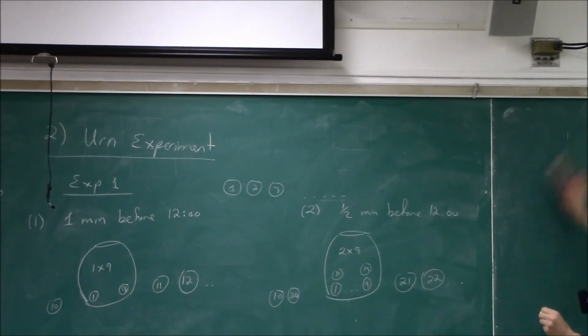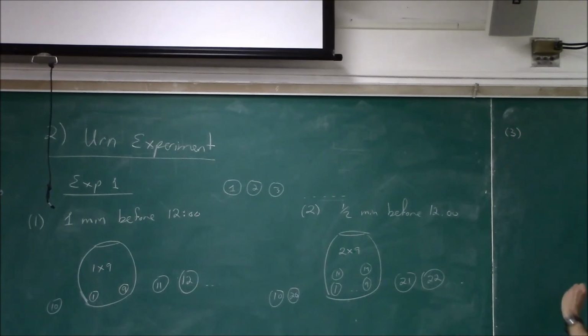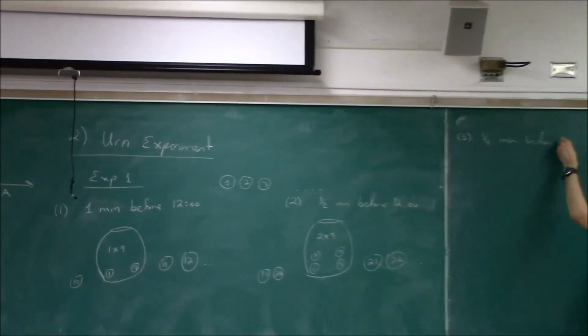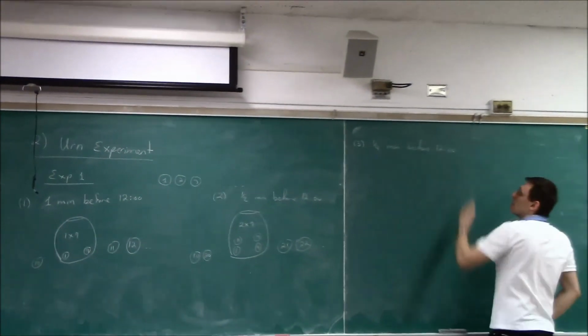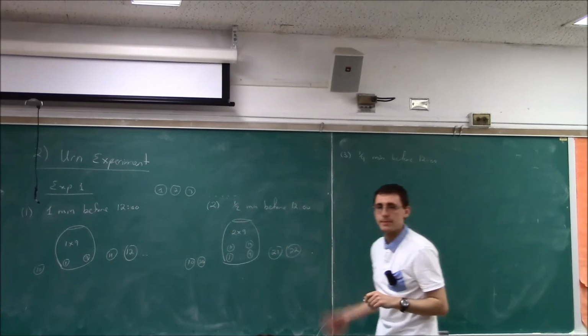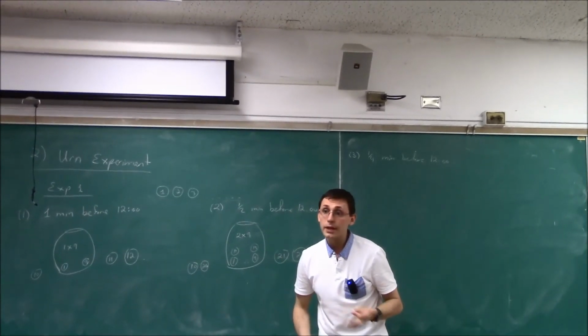The next procedure is going to happen 1/4 minute before 12. You're going to place the next batch of 10 and remove the ball numbered, guess, 30.